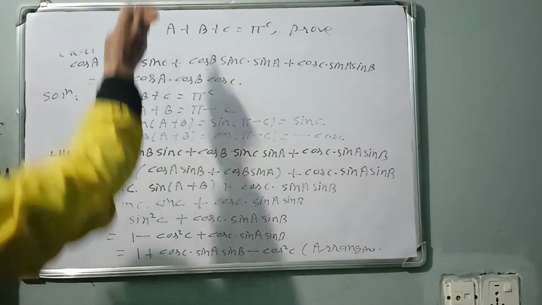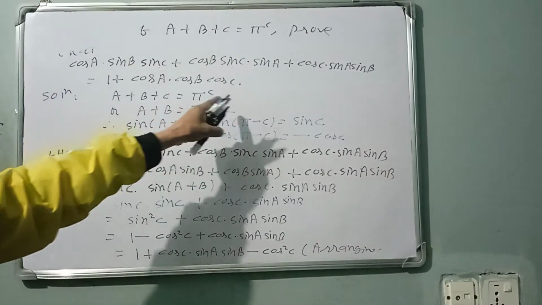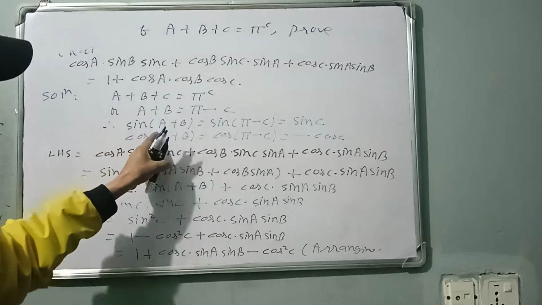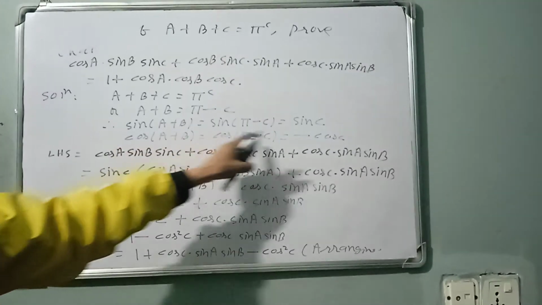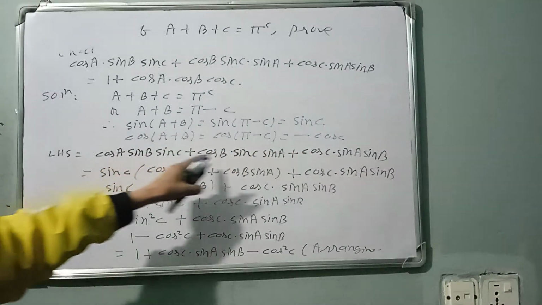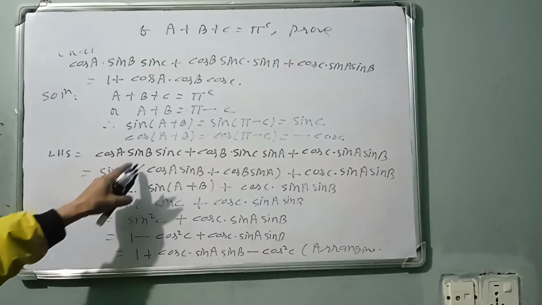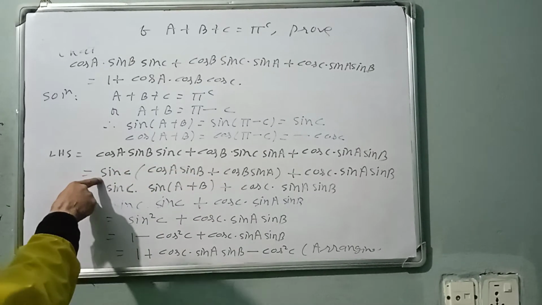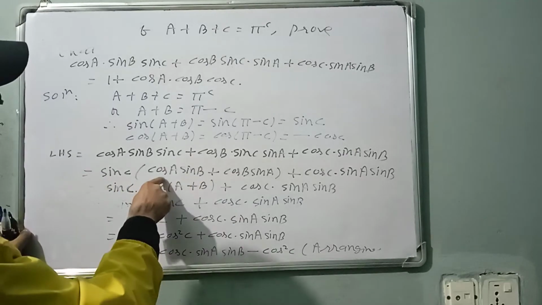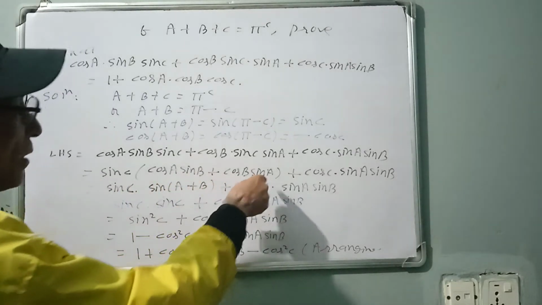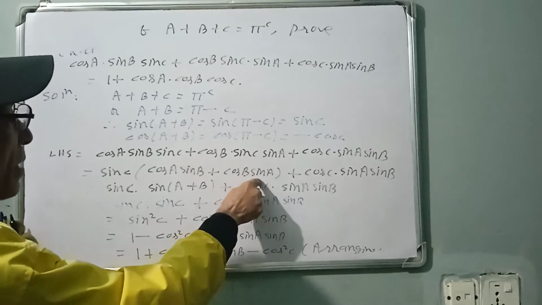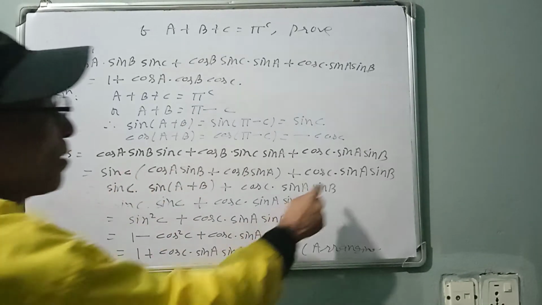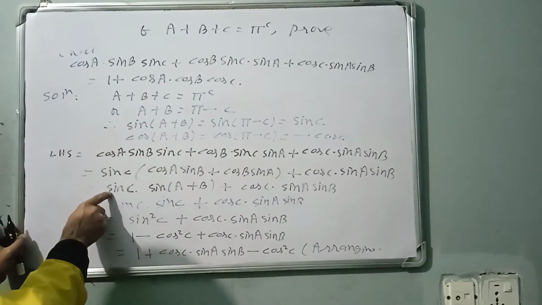Now take common. First of all, A plus B plus C equals pi. A plus B equals pi minus C. Take sin and cos: sin A plus B is sin C, cos A plus B is minus cos C. Take the left side. From the first and second expression, take sin C common. Remaining is cos A sin B plus cos B sin A. That means if you arrange sin A cos B plus cos A sin B, it is sin A plus B, compound angle formula; the third expression is the same.